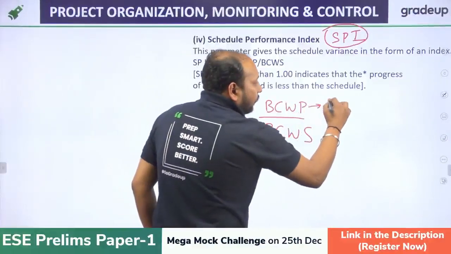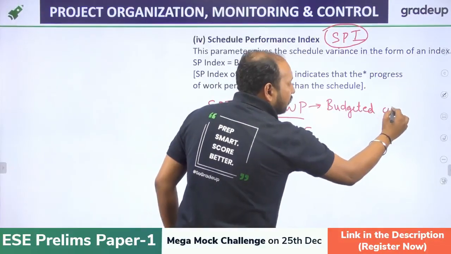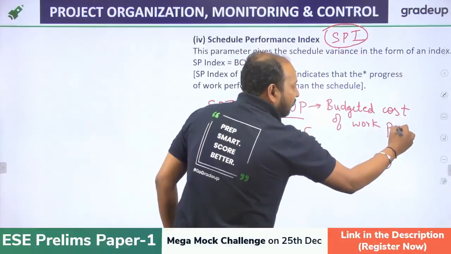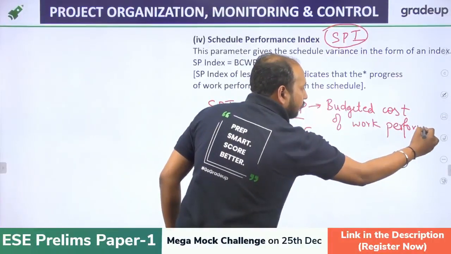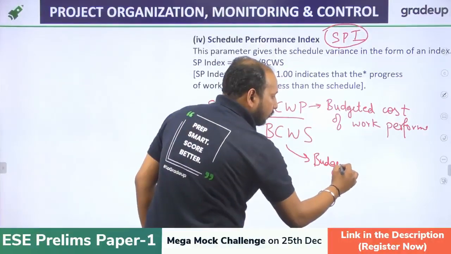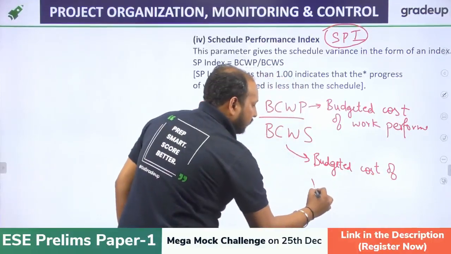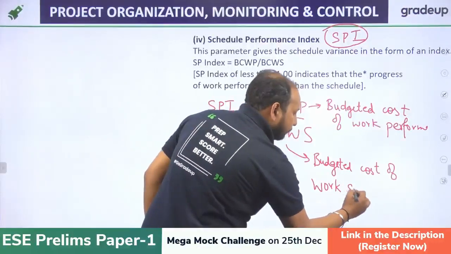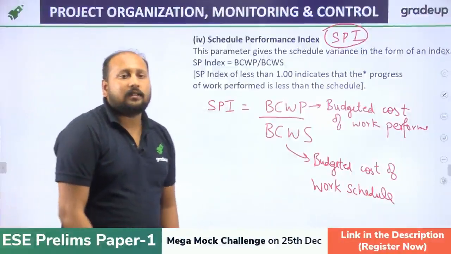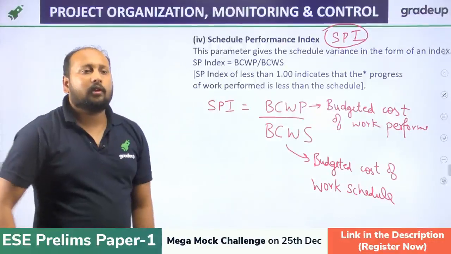BCWP is budgeted cost of work performed, and BCWS is budgeted cost of work scheduled. Clear? Again, if this SPI value is less than 1, you can easily get to know you are in the loss phase.